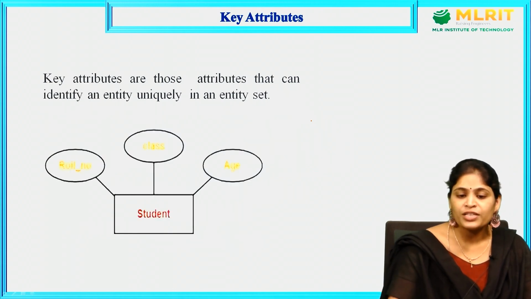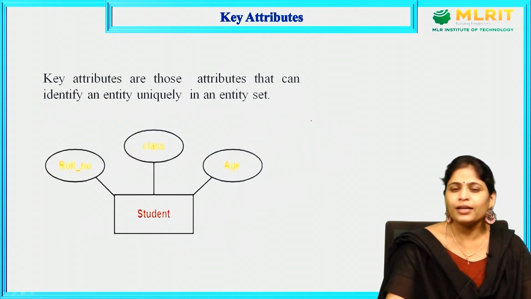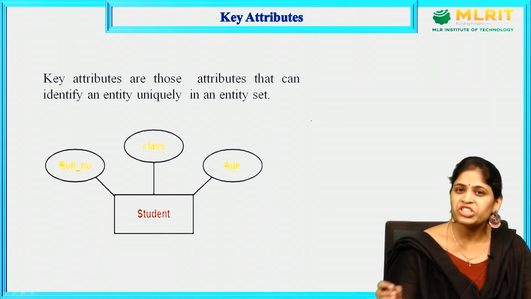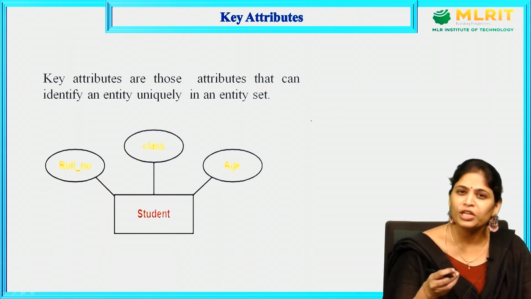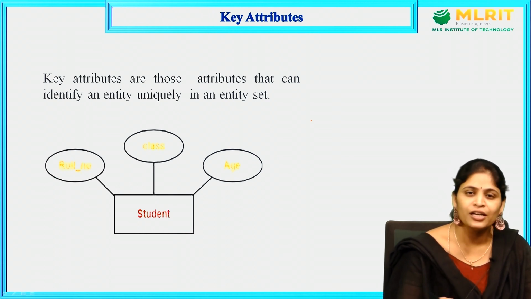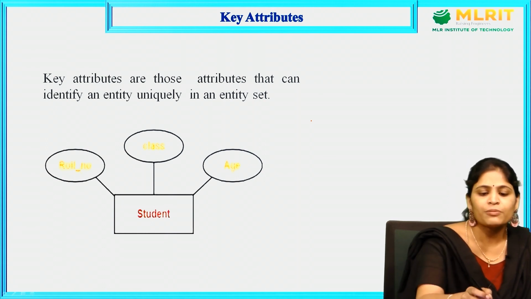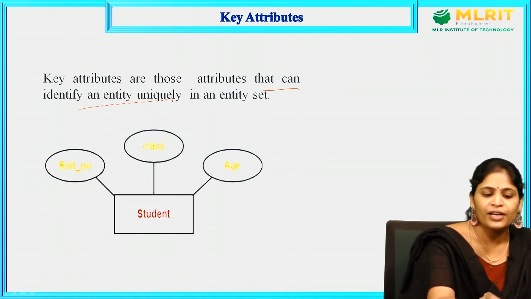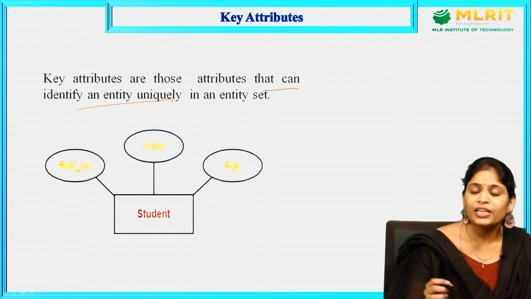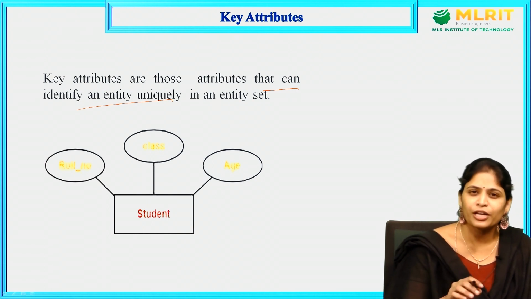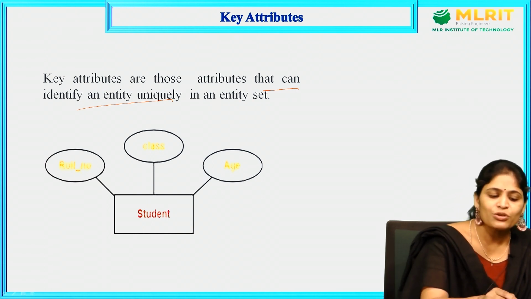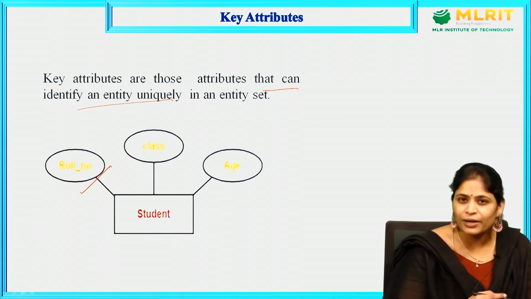Next, the last one is key attributes. As I said, what are the key attributes? Those which identify the data uniquely. These key attributes are those attributes that can identify an entity uniquely in an entity set. So here roll number is nothing but a key attribute.